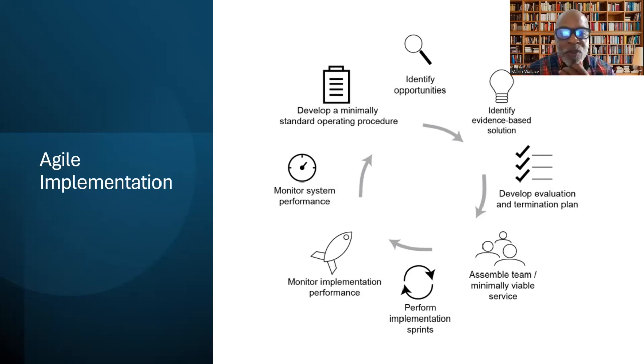Then if we see success, we develop a minimally standard operating procedure that can be replicated within other units within the health system or within other health systems beyond the one in which the sprint was run and success was identified.